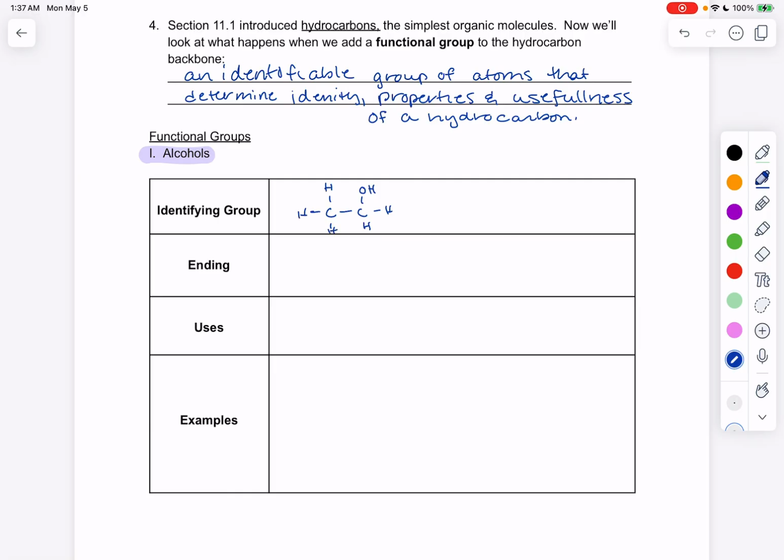So the alcohol part of this hydrocarbon is this OH group right here. All right, that's what we call an alcohol. The generalized formula is ROH, where R is any number of carbons.